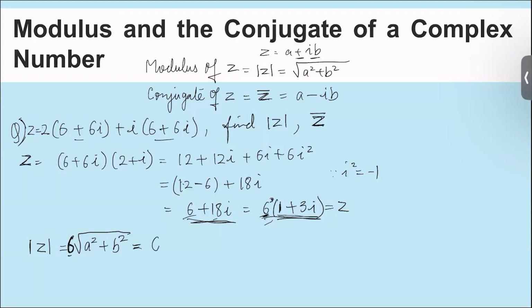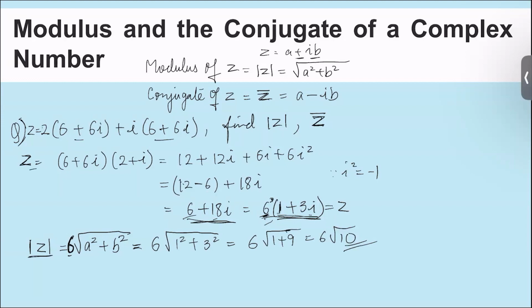So if you keep 6 outside and then square the A and the B term, you have 1 squared plus 3 squared, so you get 6 root of 1 plus 9, and that is 6 root 10. So this is your modulus of z.